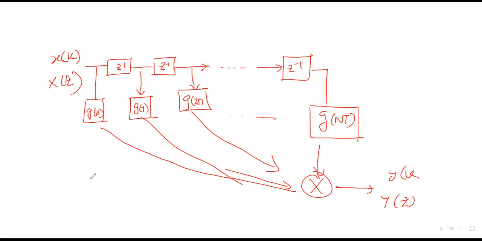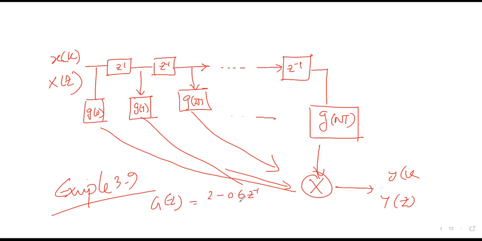Also look at your example 3.9. In example 3.9, a pulse transfer function is given, which is 2 minus 0.6 z inverse over 1 plus 0.5 z inverse. We know that this is output by input, and they have said that your input is a Kronecker delta function, so the magnitude is 1.